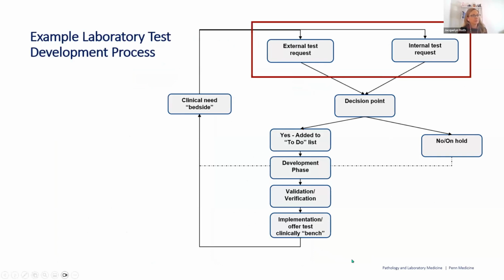This is the example of a laboratory test development process that we follow at Penn, and I'm going to start going through this at the top here and discuss how we decide if a test is ready for implementation in the clinical laboratory. In our test development process, there are actually 2 different ways that we receive requests. They can come either internally from within our division, or perhaps an external request from somebody outside.